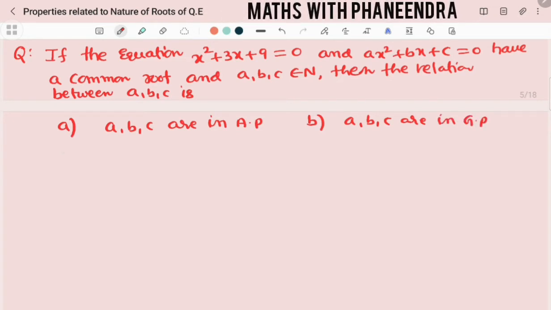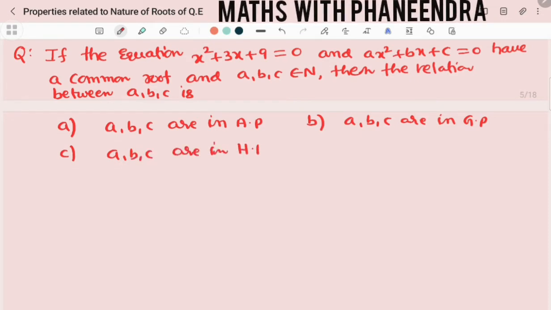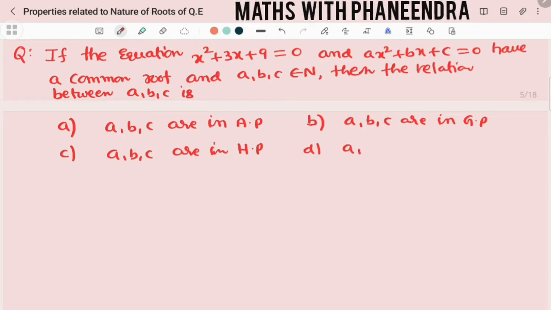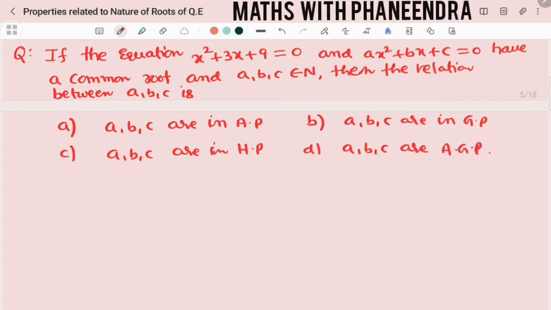You know how they ask the options, you can expect easily. A, b, c are in harmonic progression, HP. Or a, b, c are in AGP, arithmetic geometric progression.